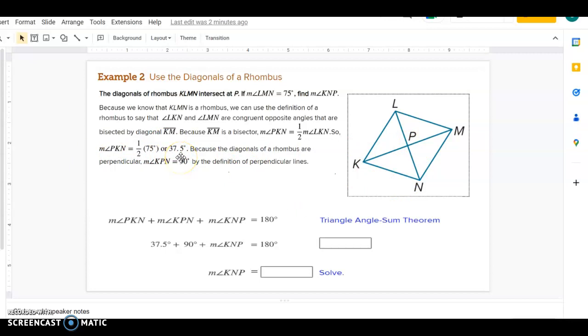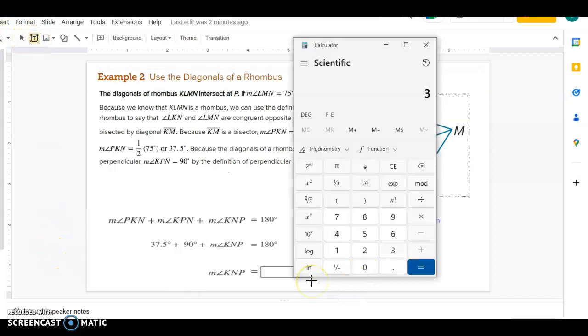Because the diagonals of a rhombus are perpendicular, the angle KPN equals 90 degrees. Those three angles added up together equal 180 degrees, which is just the triangle angle sum theorem. So 37.5 plus 90 equals 127.5.